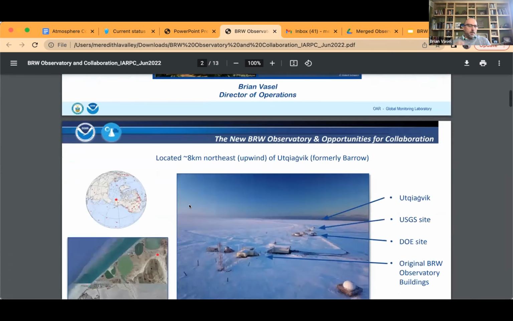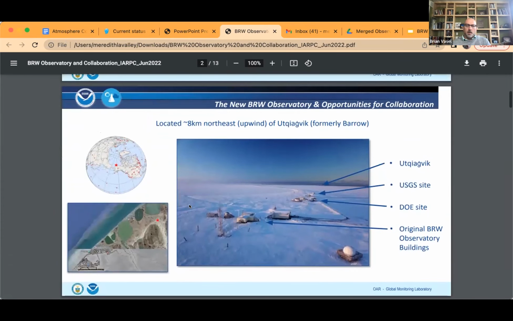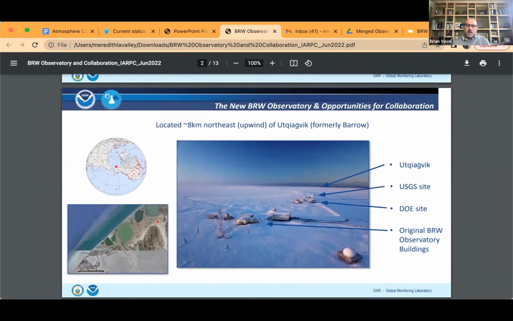So Barrow, Utqiaġvik, as you all are familiar, is along the North Slope. Our facility, as Andrew pointed out, is about 8 kilometers to the north and east of the city of Utqiaġvik, up along the coast.